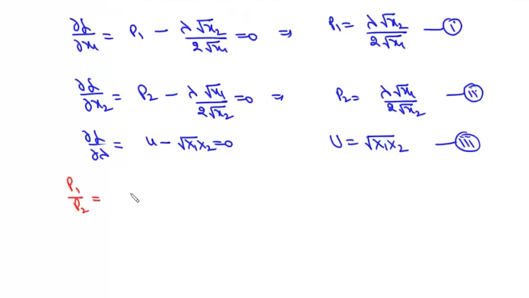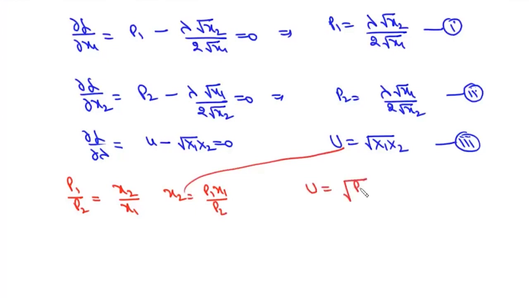Now if we divide this first equation with second, we can write p1 upon p2 will be equal to x2 upon x1. Now here we can write x2 as p1 x1 upon p2. So x2 will be p1 x1 upon p2, and if we put x2 in this equation, we can write u equals under root of p1 p2 and it will be equal to x1.